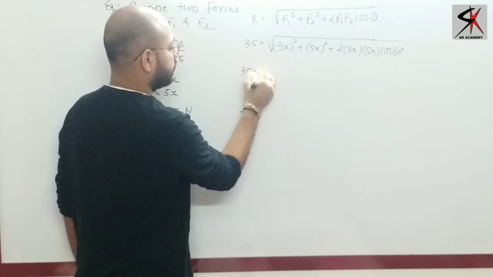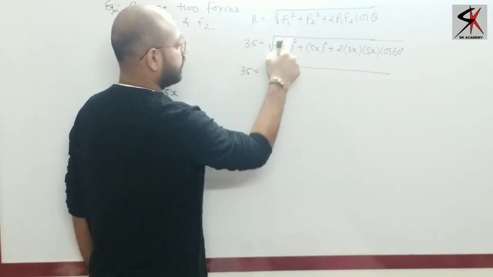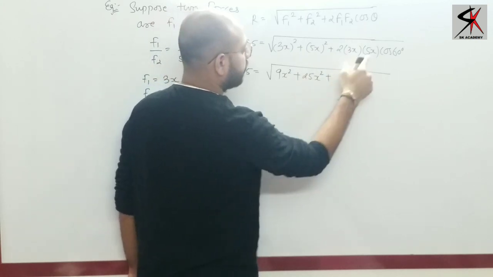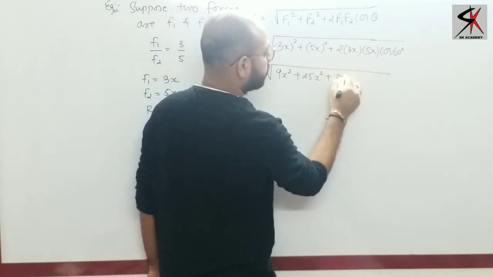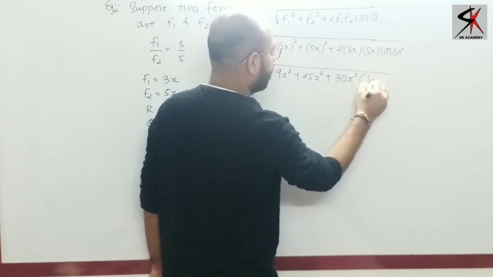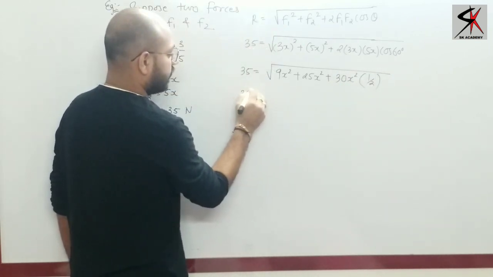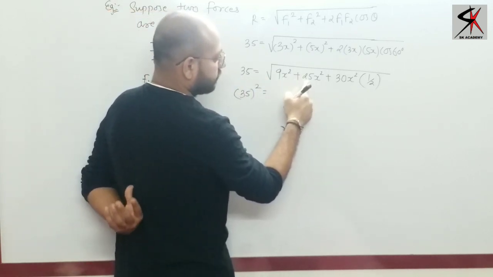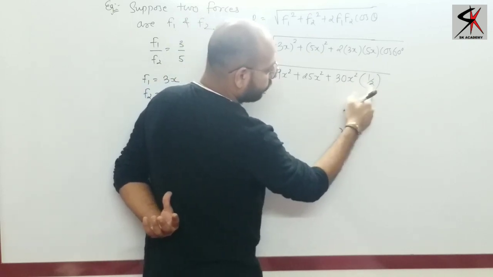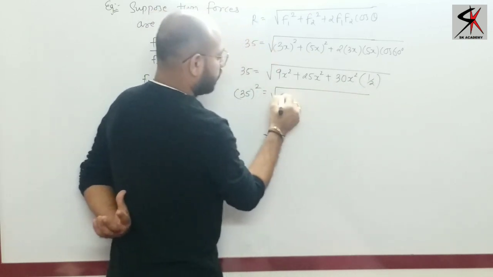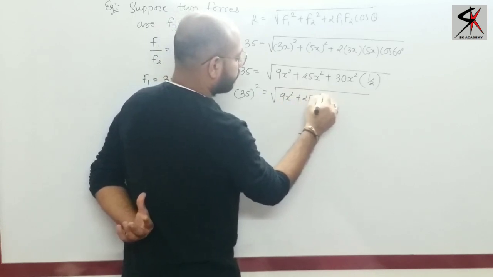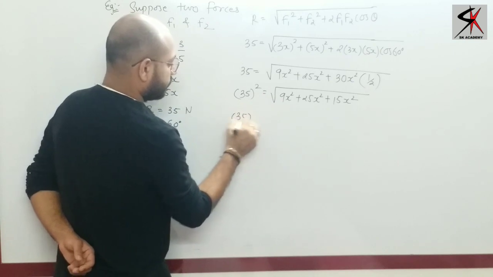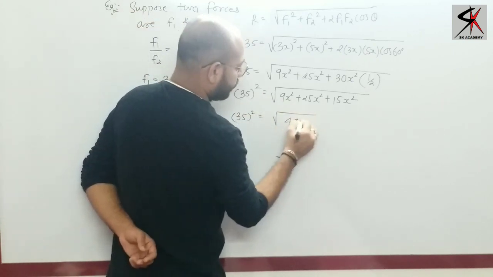So 35 equals under root 9x square plus 25x square plus 30x square times 1/2, that is 15x square. Okay, so summation of all x square becomes 49x square.